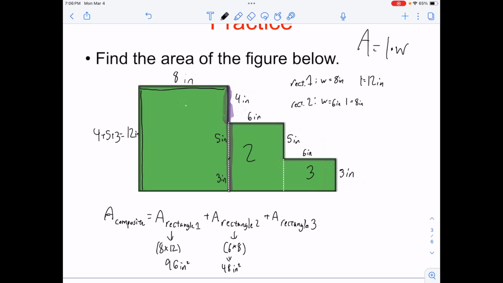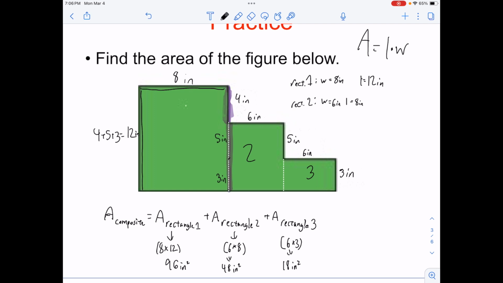The area of the third rectangle, this rectangle right over here, we actually have the measure of the length and the width, 6 and 3. So that makes 6 times 3, 18 inches squared.